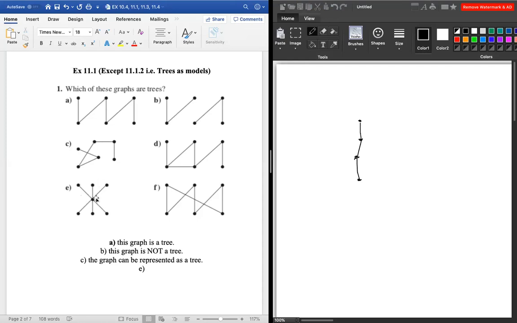This is going to be the parent, and it is going to have 6 child nodes: 1, 2, 3, 4, 5, 6 child nodes, right? So this graph can be represented as a tree as well.